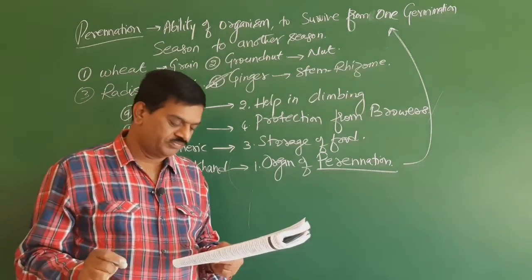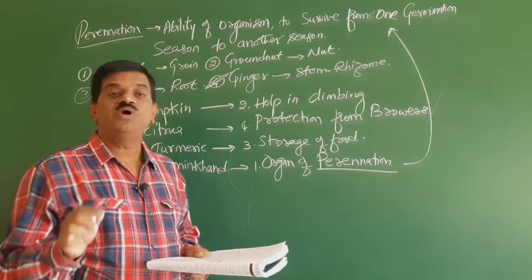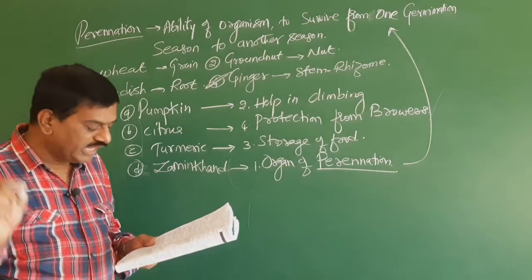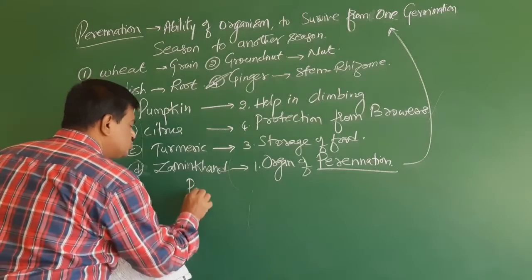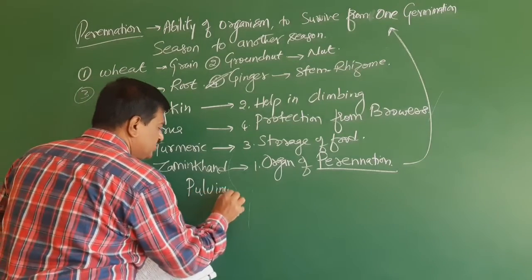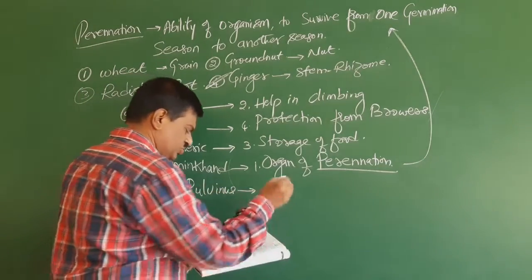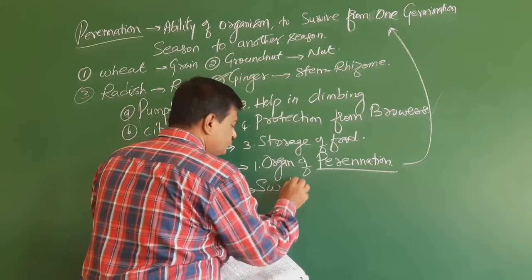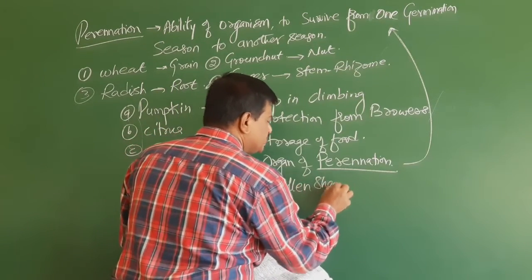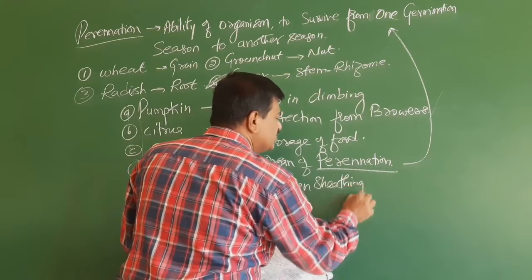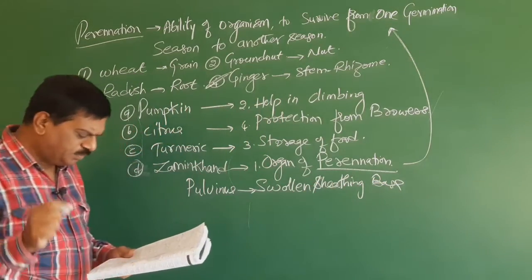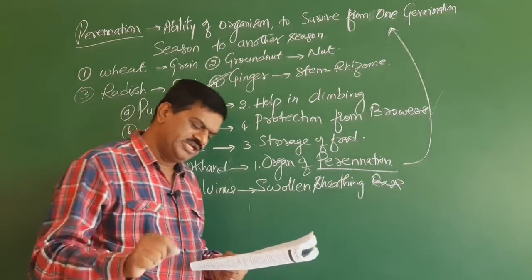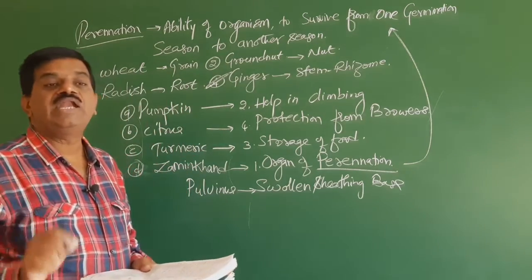Pulvinous is found in. The word pulvinous is nothing but swollen base, swollen leaf base. So this pulvinous can be noticed in first option, calotrophes.